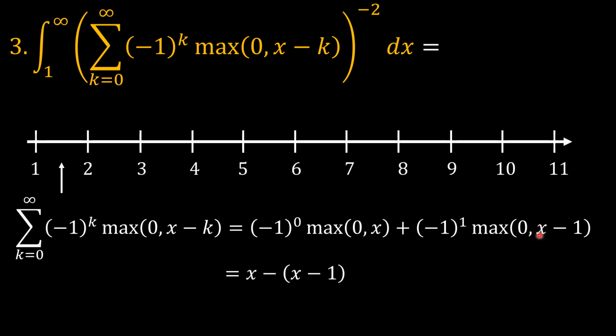And then here as well, because the value here is greater than 1, so we have first of all here negative 1 to the 1 is negative 1 times x minus 1. So x minus 1 is still greater than 0, so we can pull that out. And so we get x minus x plus 1, so we get plus 1, right?